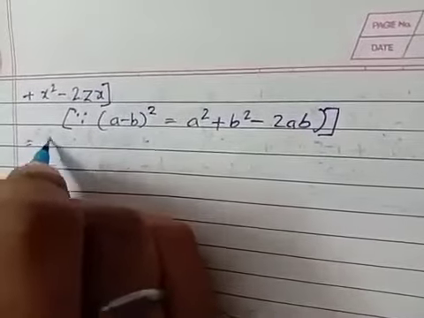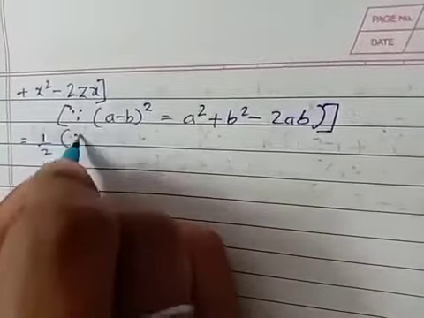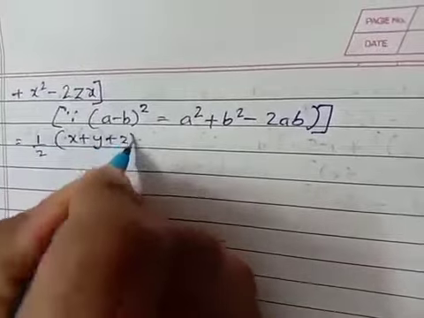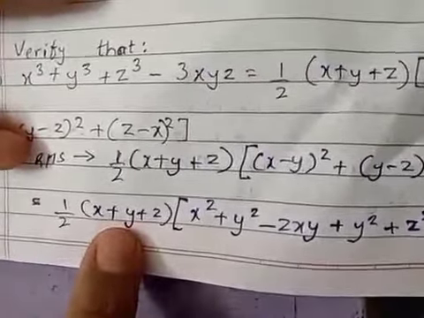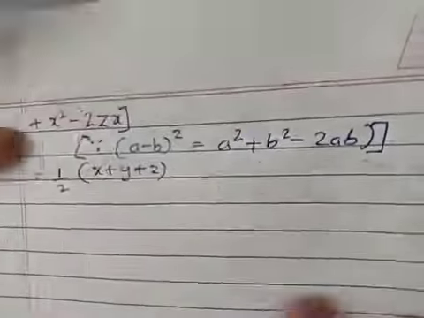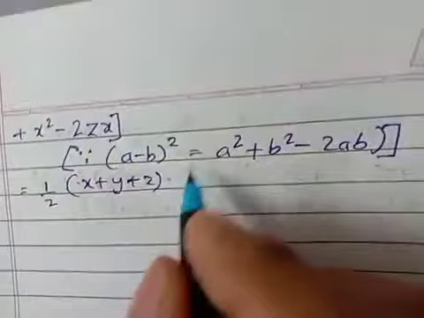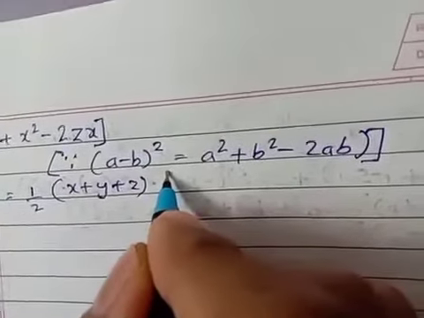Now half (x plus y plus z) will remain as it is, and we will open that square bracket.